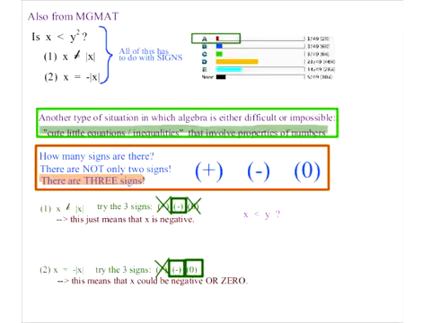Some of you guys are still typing it has to be positive. It's not true. Remember, there are 3 signs. This is not a joke. If you ignore the fact that y squared could be 0, you're going to get burned a lot. So we know that y squared could be 0 or positive. It does not have to be positive. It is really, really important.